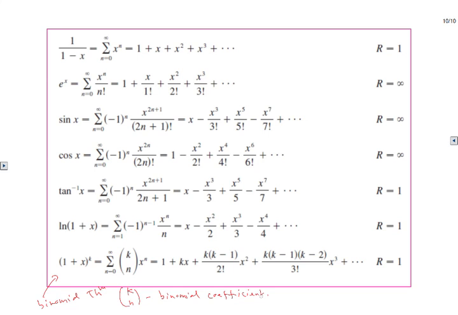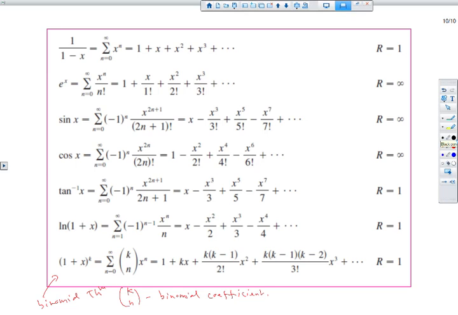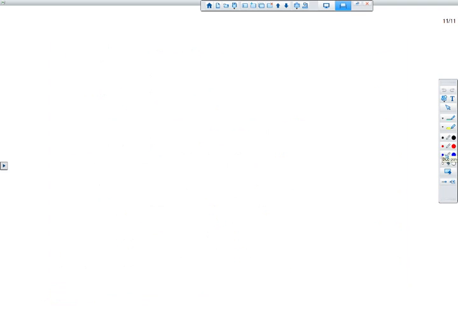But some of them, we're going to give you in the exam, maybe as an attachment. Good. So let's do maybe one last problem using these ideas. So how about this one? This is the last problem.